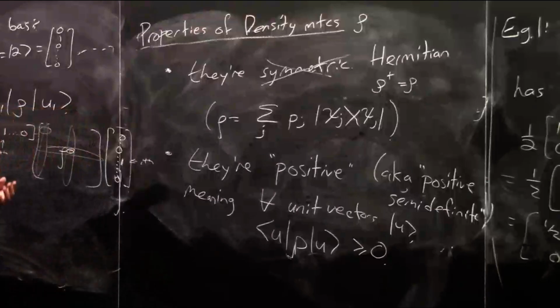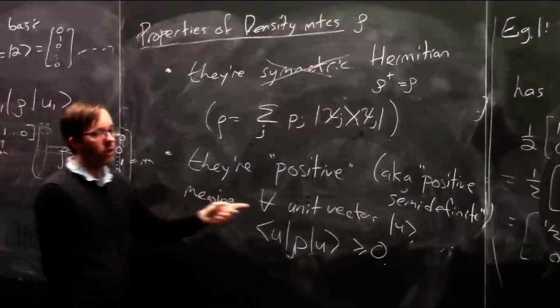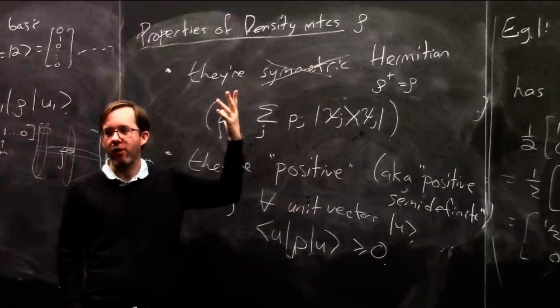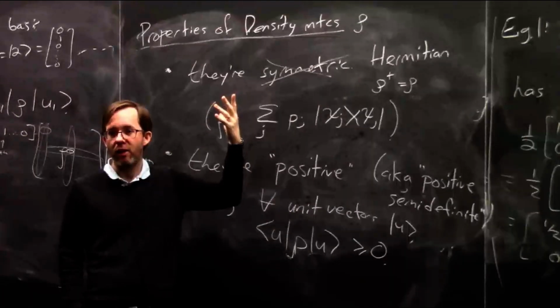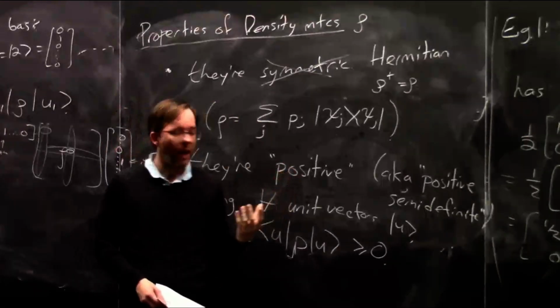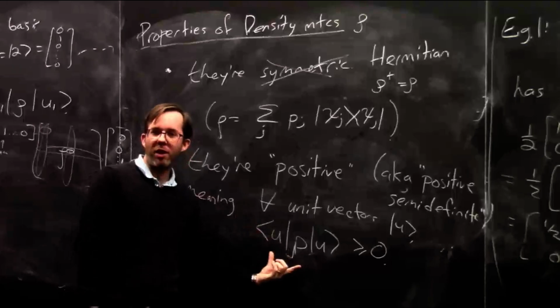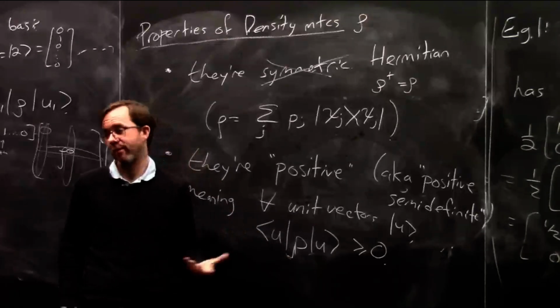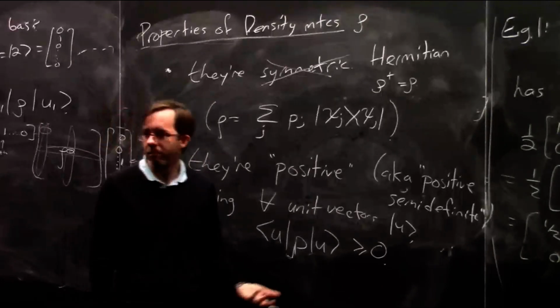Well, one easy way to see it is if you have any unit vector u, you can just extend it to an orthonormal basis of C^d. And then you could say, perhaps I would measure rho in that basis. And then this quantity, by definition, would be the probability of the measurement device outputting u. So it would have to be a non-negative number.